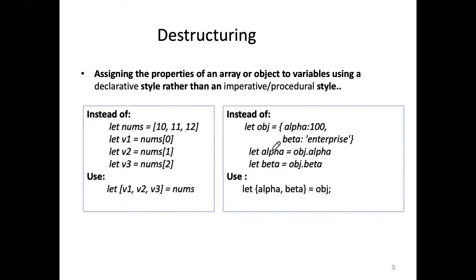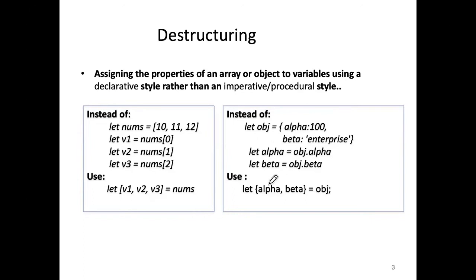I'm declaring a variable called alpha and assigning it to that property value, similarly here. However, with destructuring, I can express it like this. Note I'm using the curly braces here. So the curly braces tells me that the thing on the right is an object as opposed to an array. And also what's happening here now is the runtime goes looking for a key in this object called alpha.